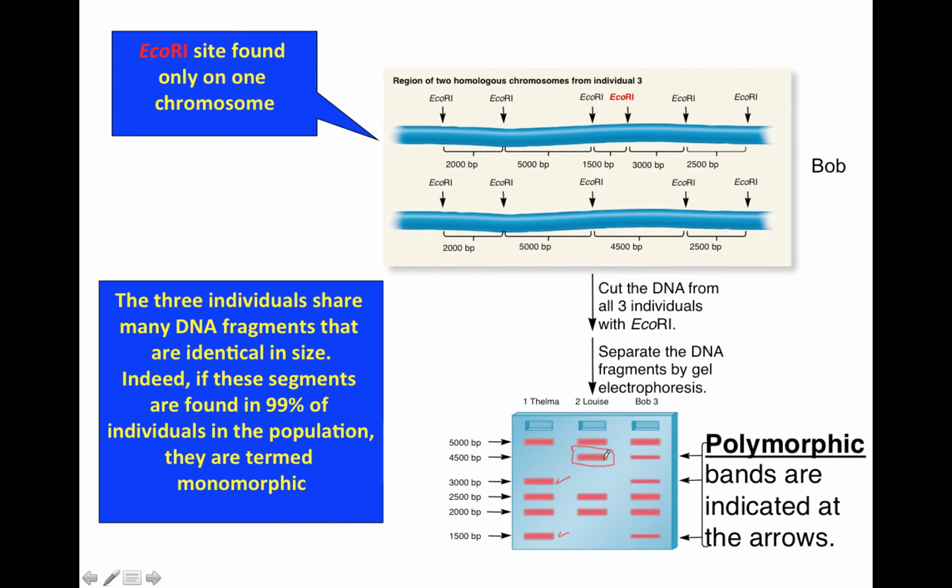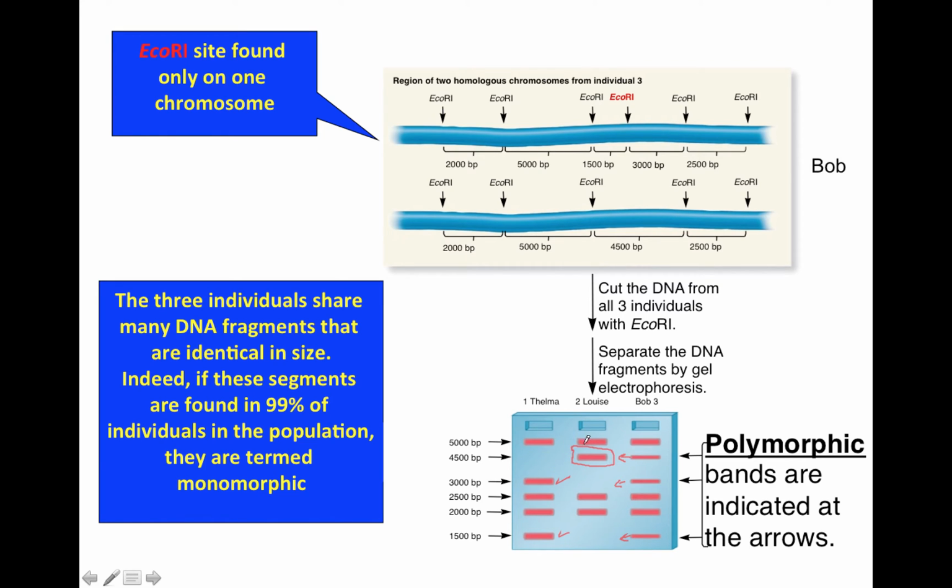Remember, both Thelma and Louise were homozygous for their particular patterns. Bob, on the other hand, has one chromosome with that extra EcoR1 site in it and one without. Okay, so he's got the same pattern as Louise from this chromosome and the same pattern as Thelma from his other chromosome.